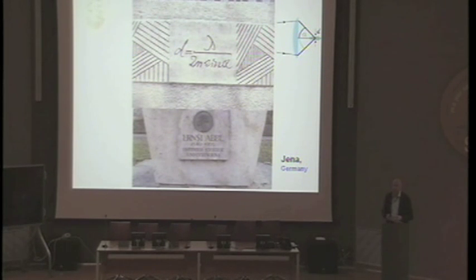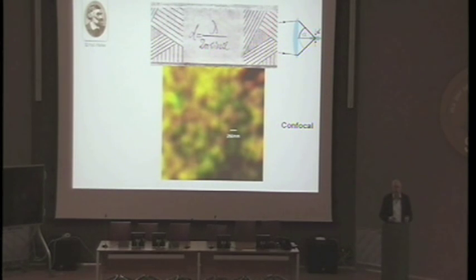Now, in the end, this is what people believed in the 20th century, and the gold standard towards the end of the 20th century became the so-called confocal microscope. I think many of you will have heard about the confocal microscope. This is a microscope where you have a light beam that is focused in the focal plane and then scanned across the specimen.